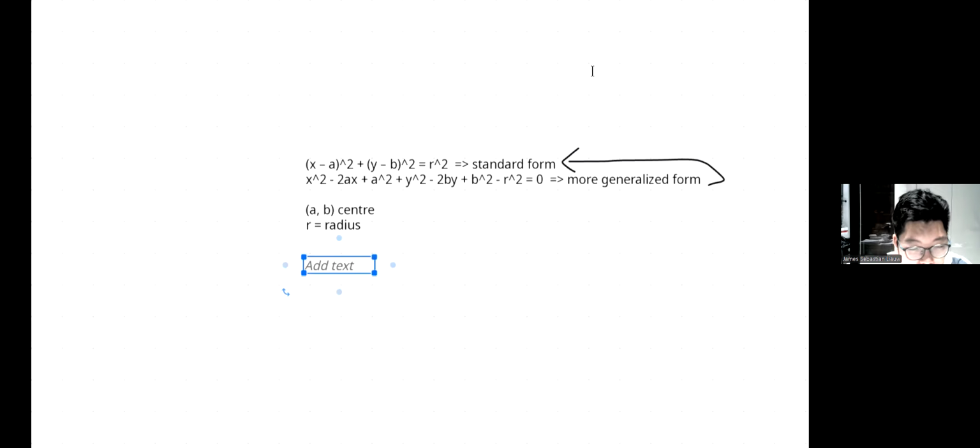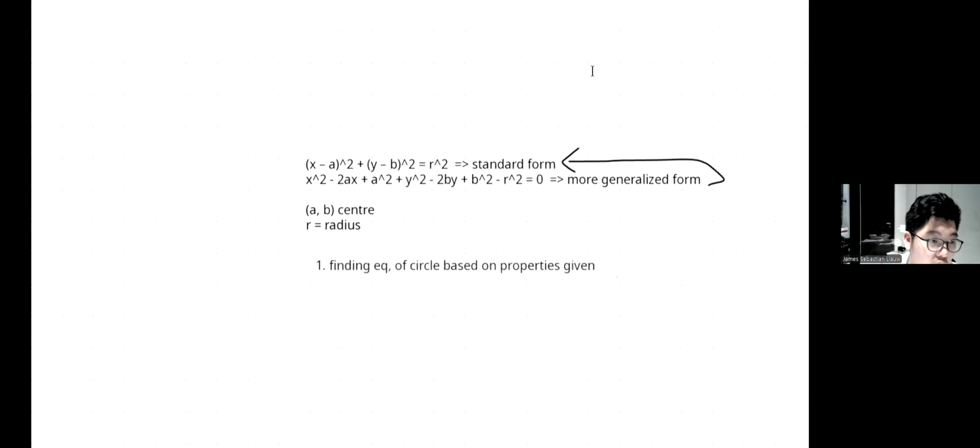Number 1 is the finding of the equation of circle based on the properties given. For this, you will have to have a sound understanding of circle theorem.